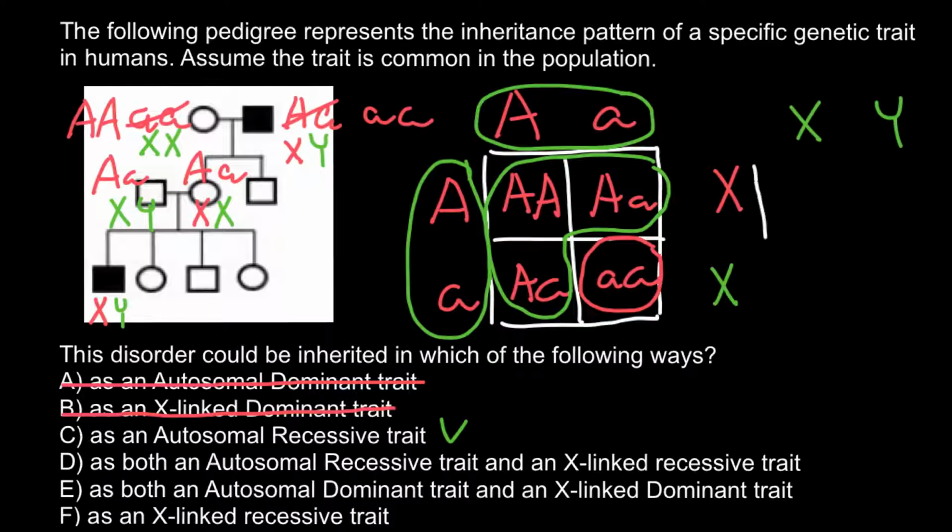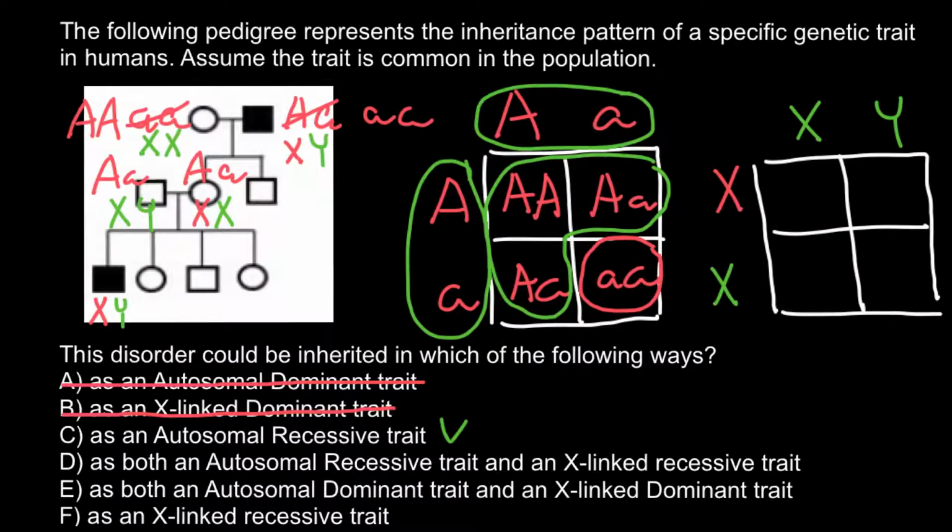So when we build a Punnett square, we can find what might happen to their progeny. And as you see, this female would inherit a defective X chromosome from her mother's side and a normal X chromosome from her father's side, and her phenotype would be normal.